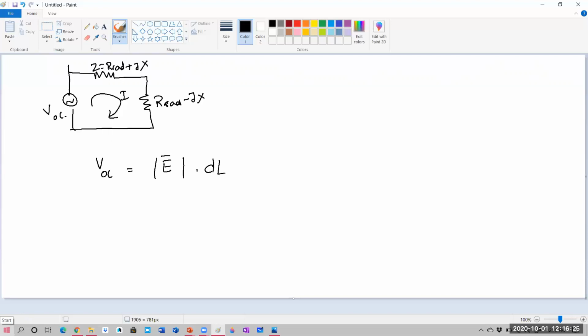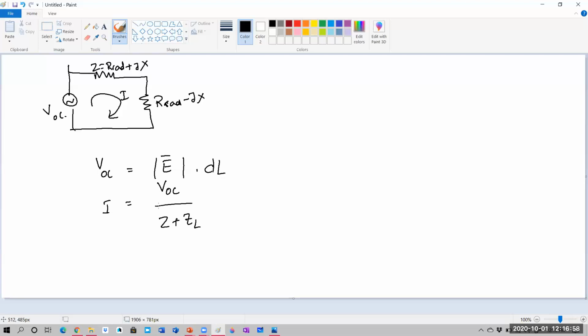Then the current flowing through the load is given by I equal to V_OC by the total impedance. V equal to IR, so I equal to V_OC by Z plus Z_L. For the maximum power transfer condition, the load is selected as the complex conjugate of the antenna impedance.